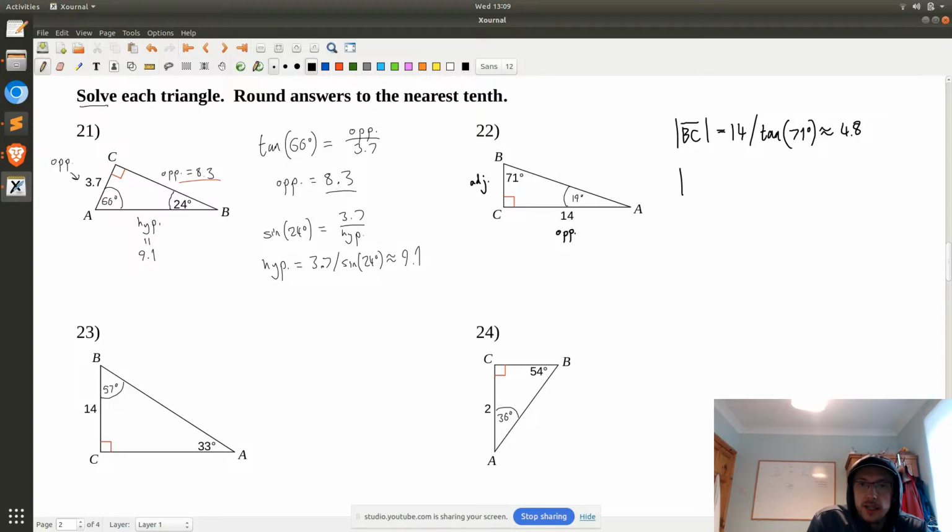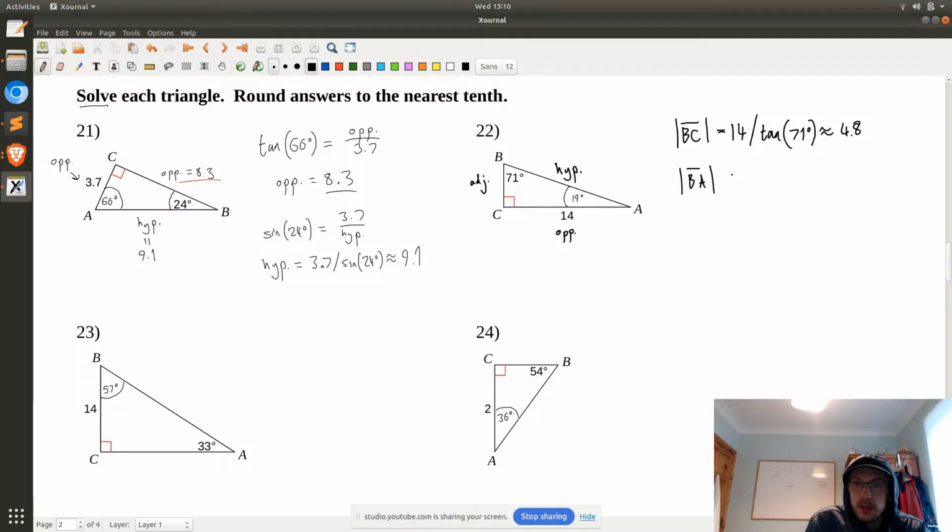Okay, what about side BA, which is the hypotenuse? Pythagorean theorem? No, because you could be in error. So what were we initially given? Well, we've got this 71 here, and we've got the opposite to it. So hypotenuse and opposite, who's that? That's sine of theta. So sine of 71 equals 14 over hypotenuse.